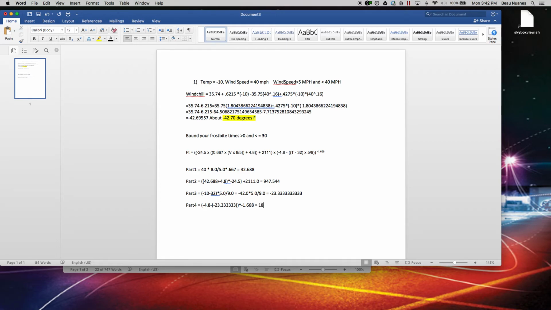So that's going to actually be 18.533 repeating to the negative 1.668 power, and that gives us this decimal, 0.076745602605128.